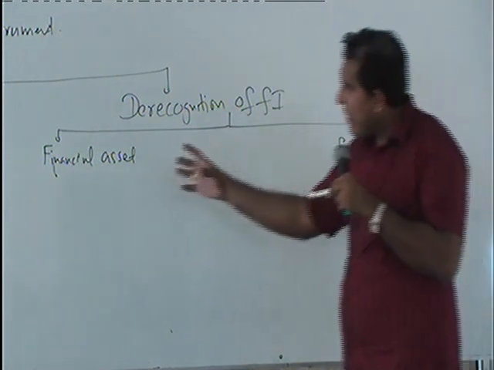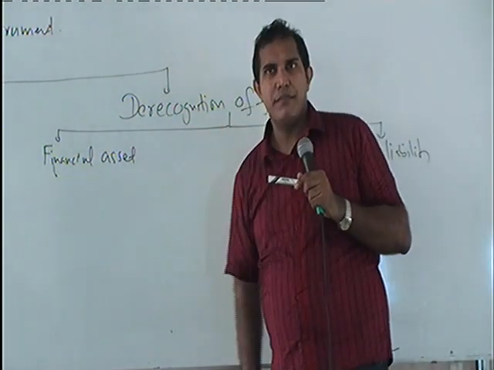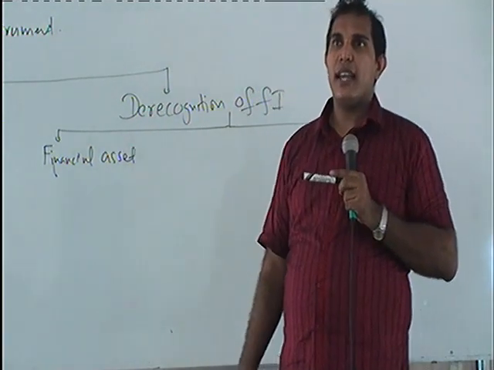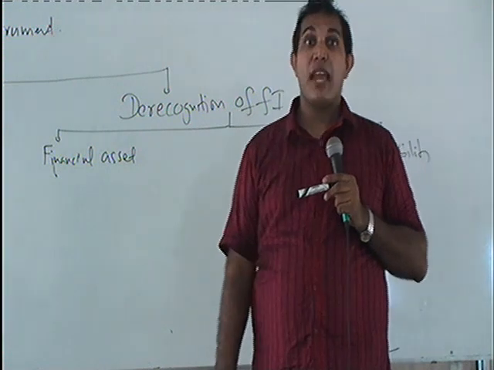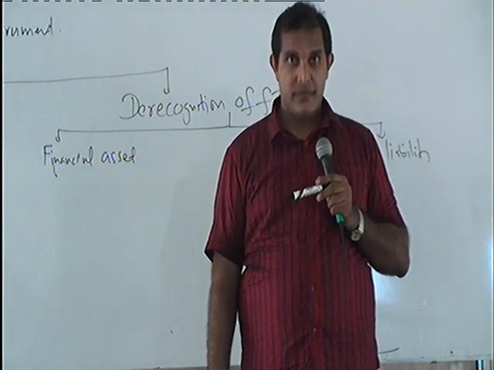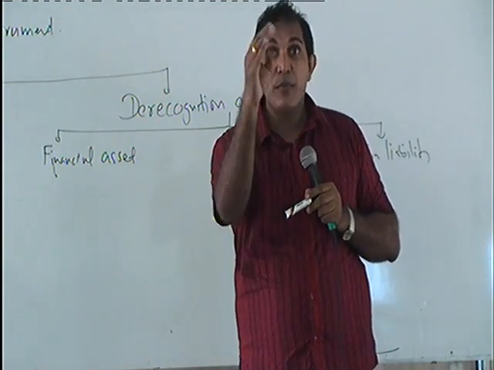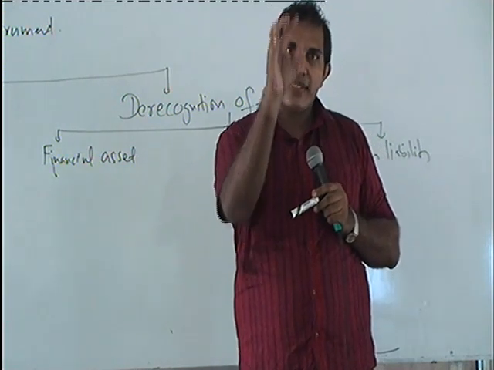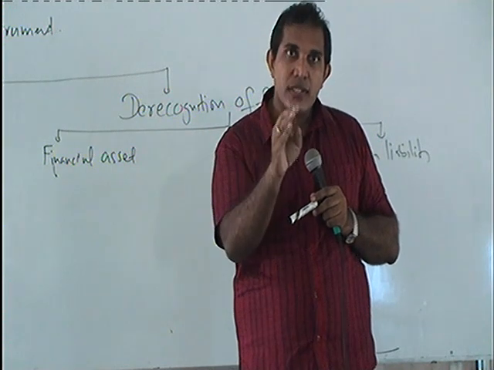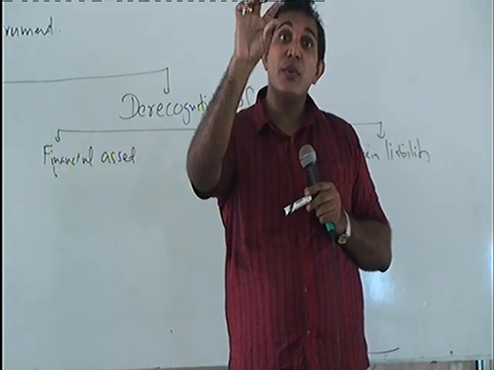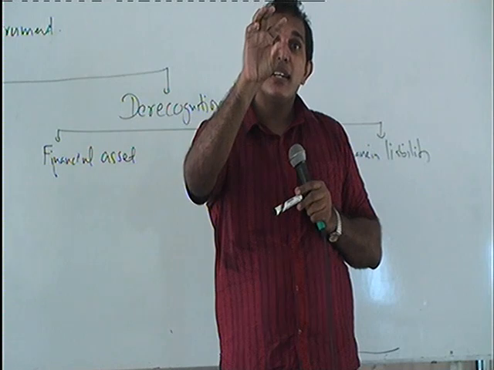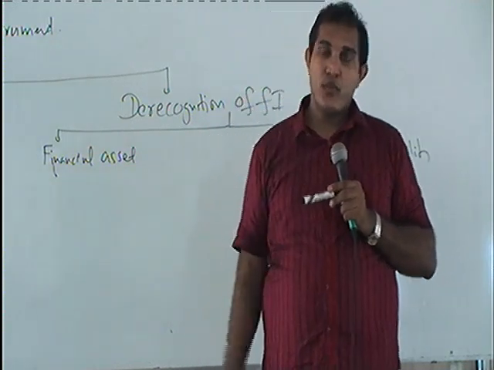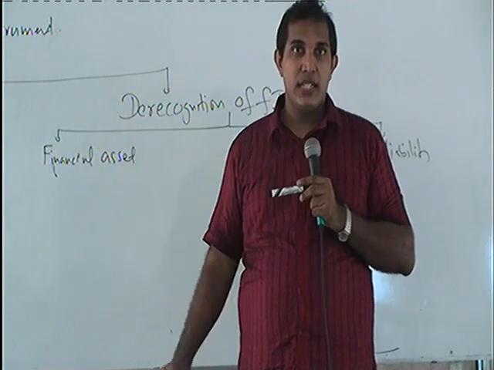Okay, now we'll take an example. Financial asset. Let's say a fixed deposit, FD. Can you please guess what are the circumstances where we are going to remove that FD from the books, from the statement of financial position?